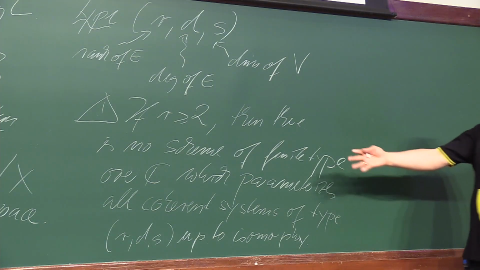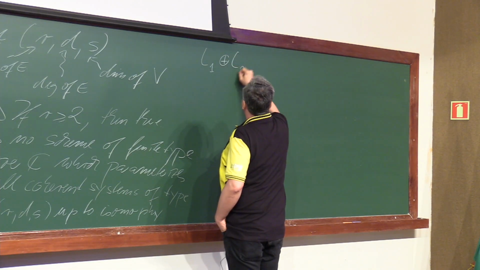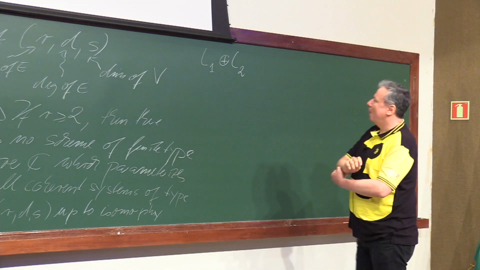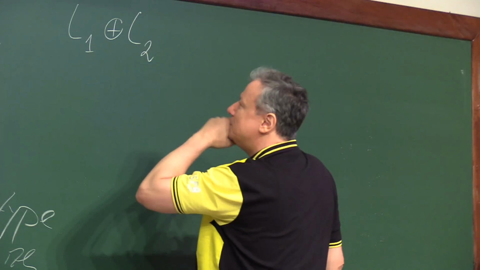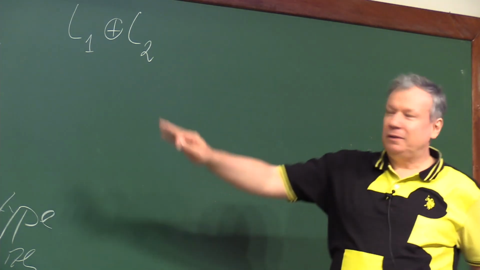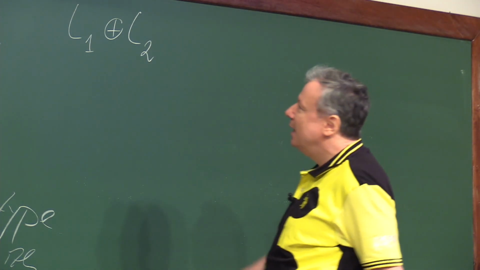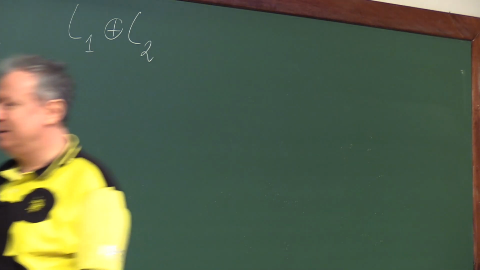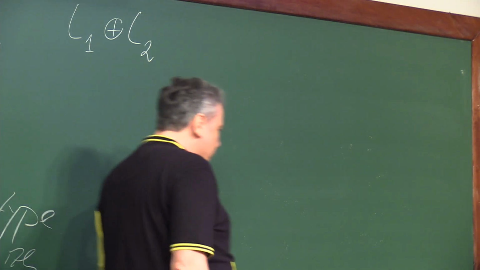And this fails because you can always, in rank 2, just take direct sums of two line bundles. So you can just make the degree of L1 whatever you want, and then you choose the degree of L2 appropriate. So this means if you want to study the classification of these objects, then unlike the classical case, you have no nice parameter scheme to start with.